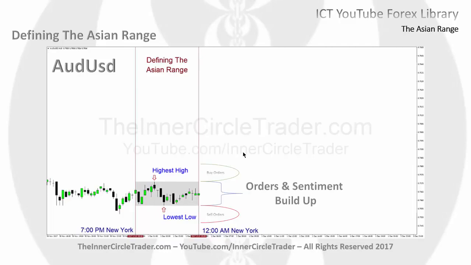In other words, without going into IPDA and teaching anything really about that, the market will seek the liquidity above or below this range with a premise that it's going to put them on the wrong side, and then it'll go the other way for the remainder of the trading day.